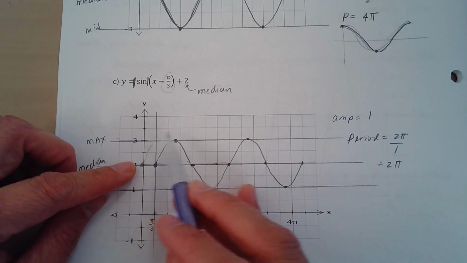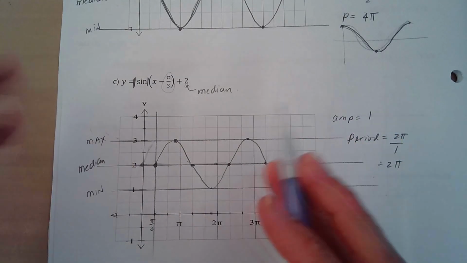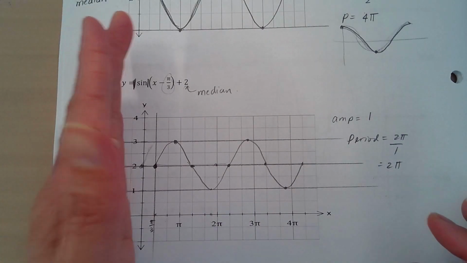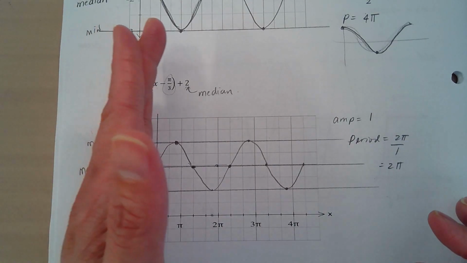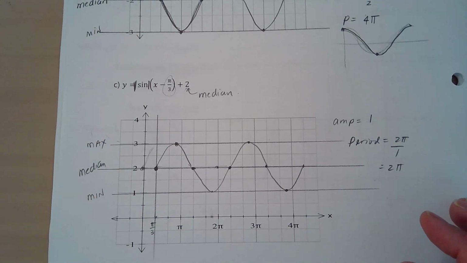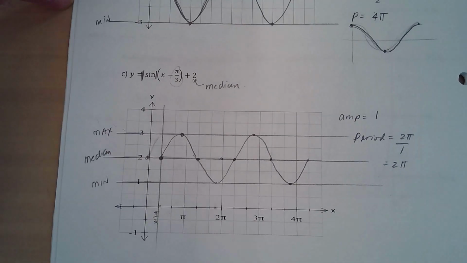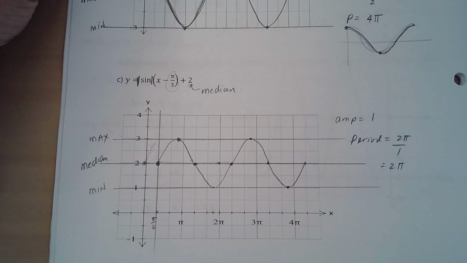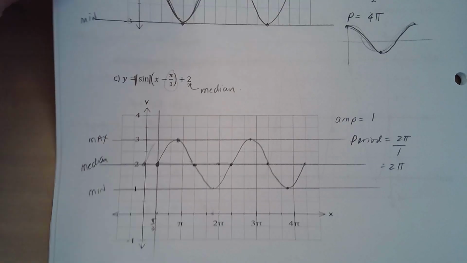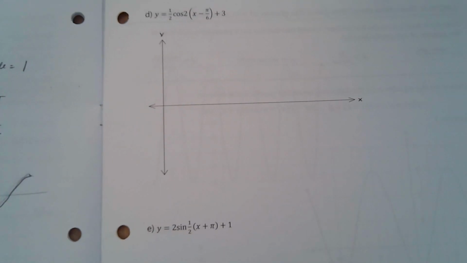And once you have the graph of the sine function, now shift it to the right, every point, shift everything to the right pi over 3. So that's a possibility. Okay? Is that good? Let's try one more.